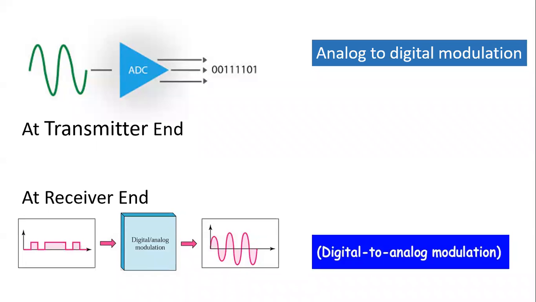In different semesters you have seen different methods to convert analog to digital and digital to analog, depending upon what quantity of signal you are converting. But the process is A to D and D to A, needed at the transmitter and at the receiver end.